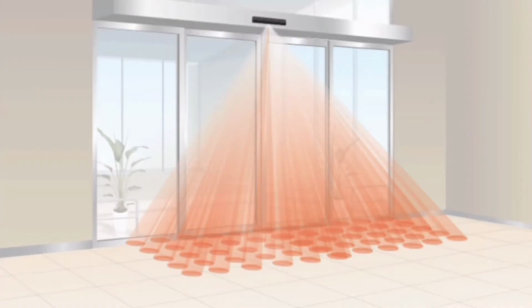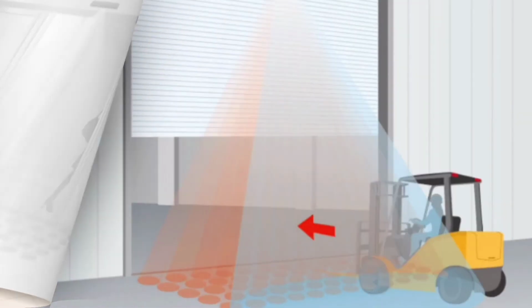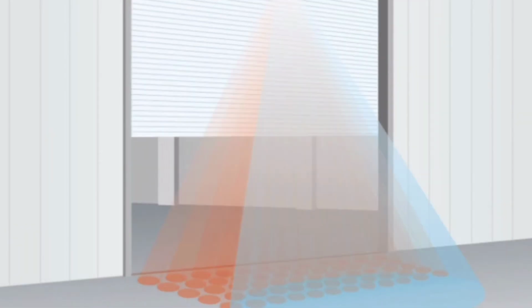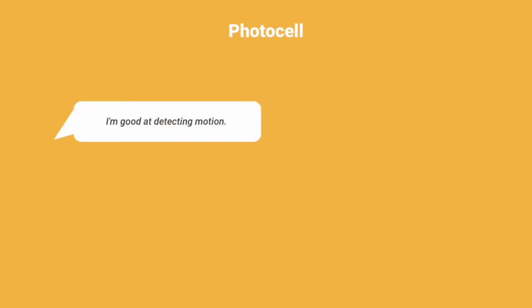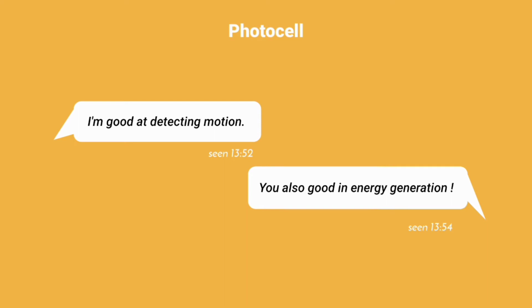This mechanism is also widely used in automatic door or gate systems. The photocell isn't only good at detecting motion, but it is also responsible for energy generation. Solar cells are made of the same kinds of semiconductor materials that are also photosensitive, such as silicon.